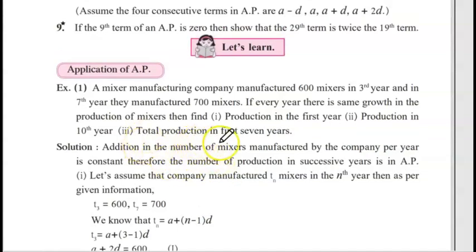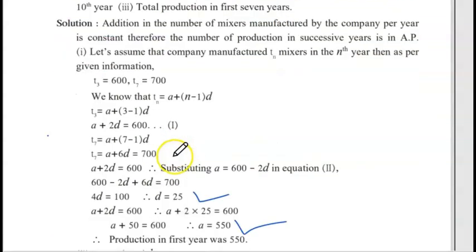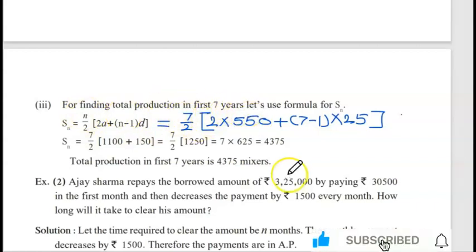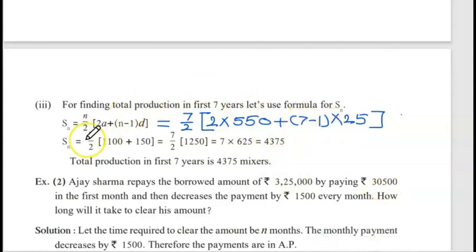And what about the third? Total production in the first 7 years. We want to find out here S7. Therefore, for finding the production in the first 7 years, use the formula for Sn. Sn is equal to n upon 2 in bracket 2a plus n minus 1 into d. Therefore, n is replaced by 7, 7 upon 2 in bracket 2 into 550 plus 7 minus 1 bracket complete into the value of d, which is 25.